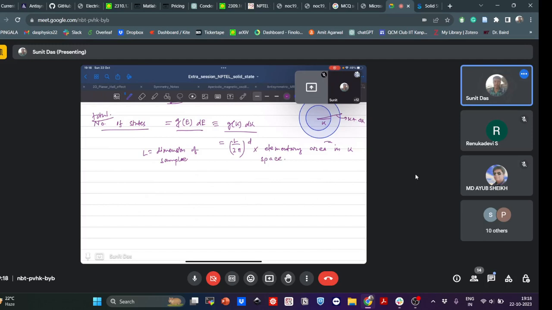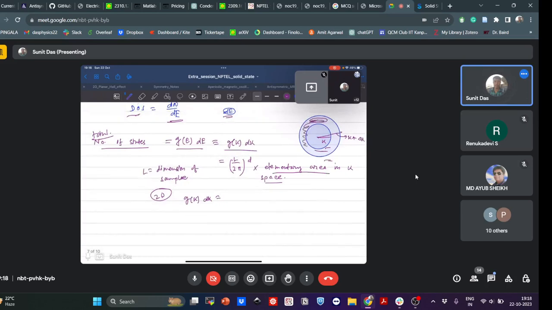Now this you can use in 3D or 2D. If I specifically come to this 2D case, what will be this elementary area? This annular portion, right?